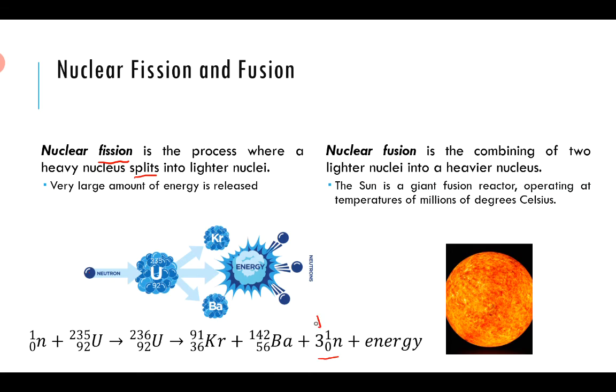You can have a coefficient. So if you have 3 neutrons, then that becomes a 3 coefficient for that particular item. But that just means you have 3 times 1, and so that represents you have a total of 3 neutrons there. So the mass number would be a total of 3 when you're adding up your items.